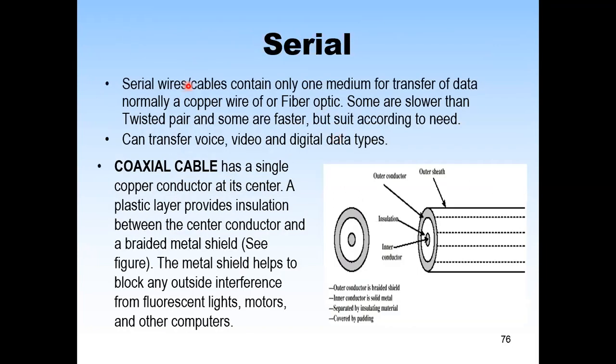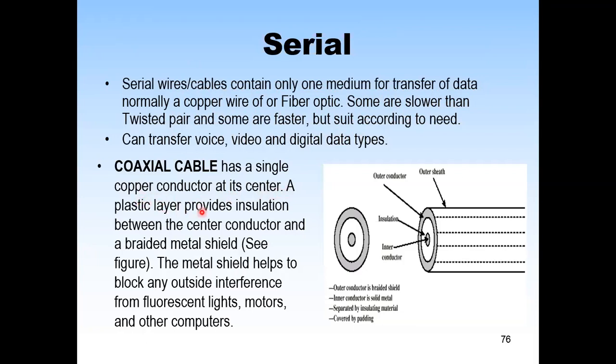Serial wires or cables contain only one medium for transfer of data, normally a copper wire or a fiber optic. Some are slower than twisted pair and some are faster, but you choose according to need. They can transfer voice, video, and digital data. Coaxial cable has a single copper conductor at its center.